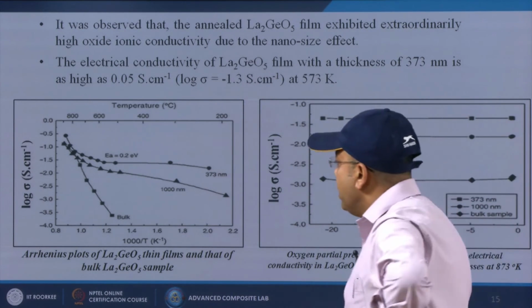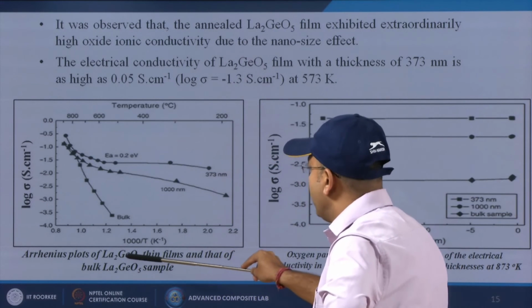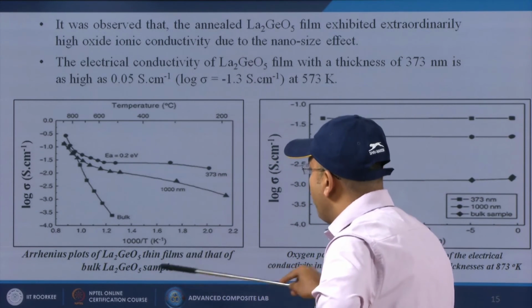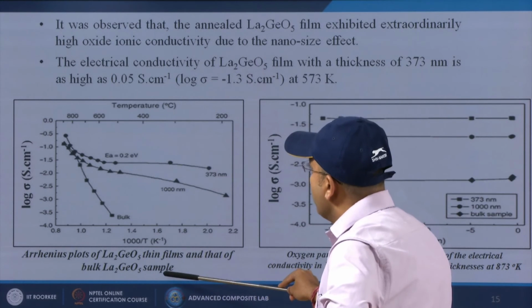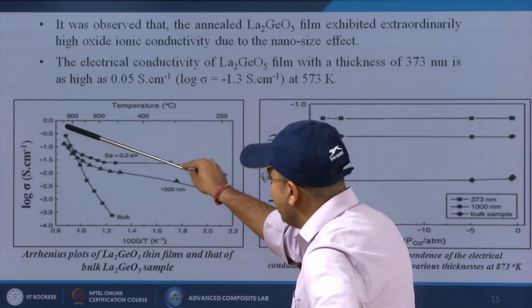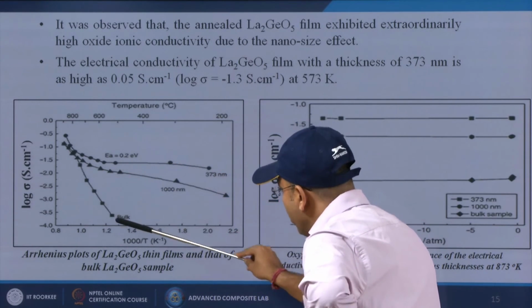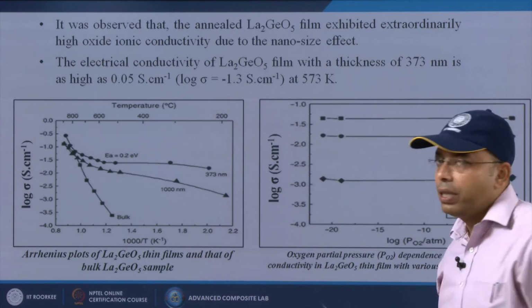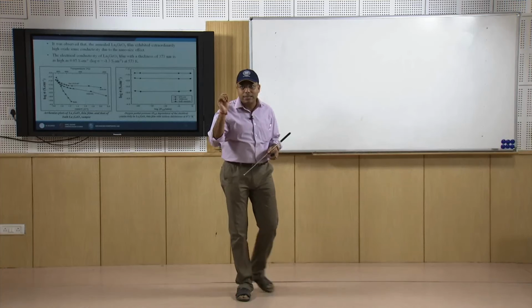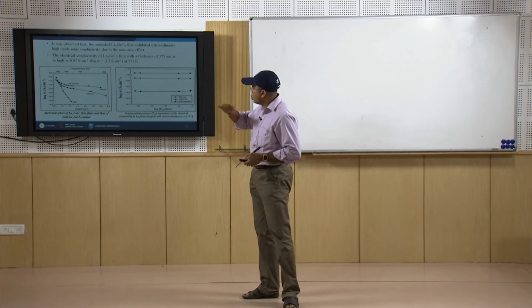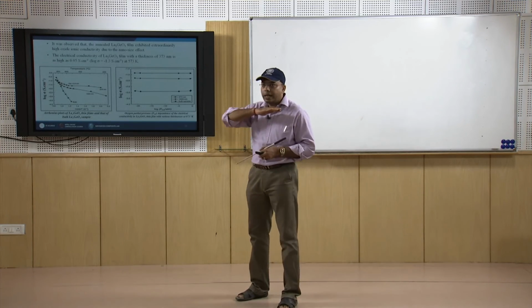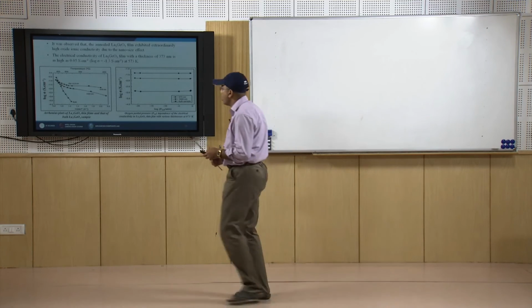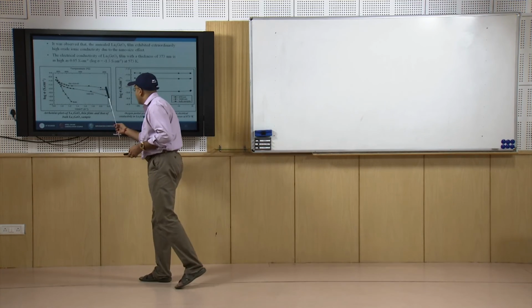Here is the Arrhenius plot of these thin films and that of the bulk. From the bulk we can see how drastically the value is changing, but when you use 100 nanometer or maybe 300 nanometer size, the electrical conductivity is almost constant at that particular temperature.